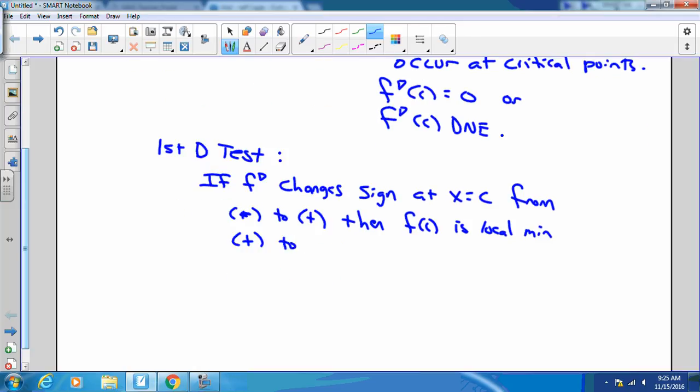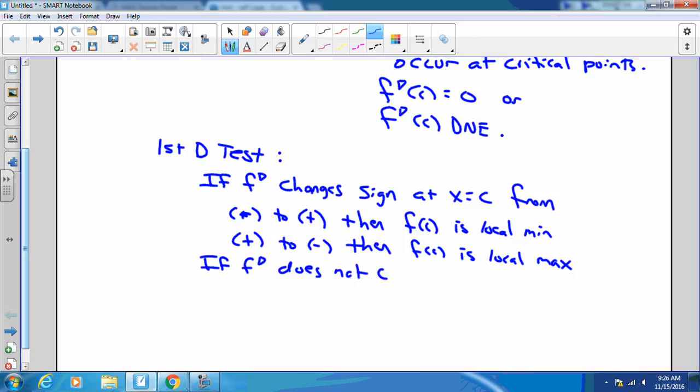From positive to negative. Then f of c is a local max. And what happens if f prime does not change signs? Which means f of c is neither a min nor a max. Very good.